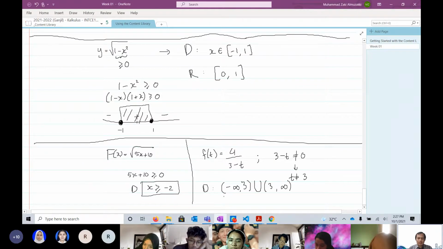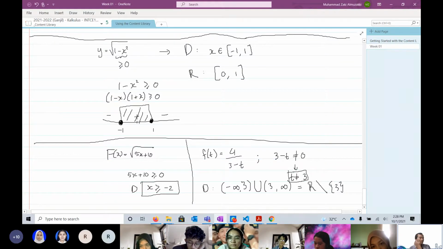Or we can also write it like this. This is equal to the set of real numbers minus 3, so the set of real numbers except 3. This is also a way to write the domain.